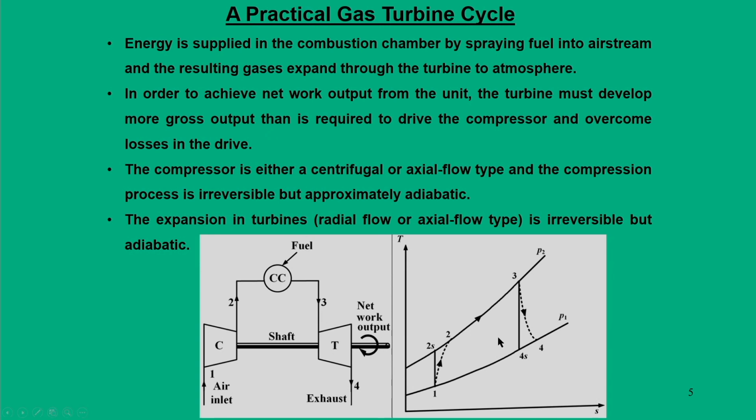As I mentioned earlier, the compressors are rotary in nature, and under this rotary category we can have a centrifugal or axial flow type compressor, and the process is typically irreversible but approximately adiabatic. The expansion process in the turbine is also irreversible but adiabatic. But in our first analysis, when we deal with the ideal cycle, we will talk about the situation where the process is a reversible one, that is 1, 2s, 3 and 4s.